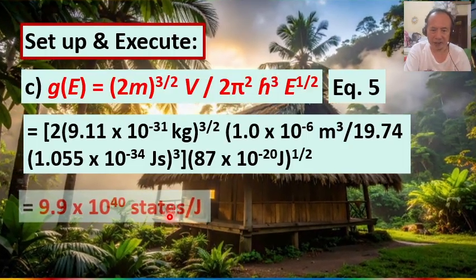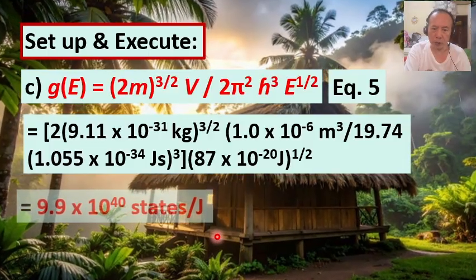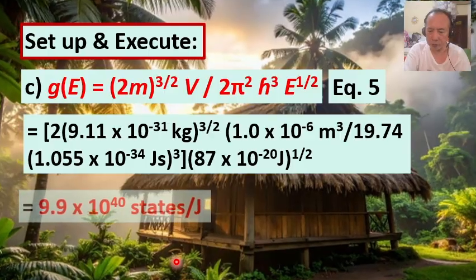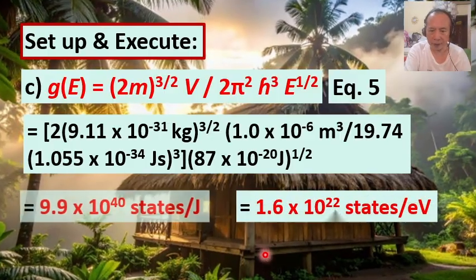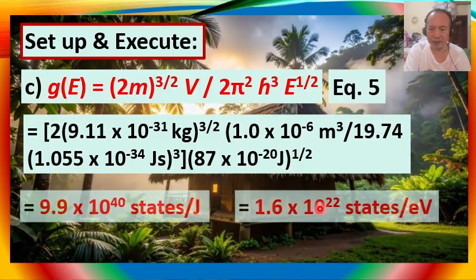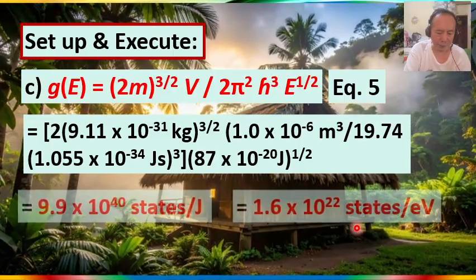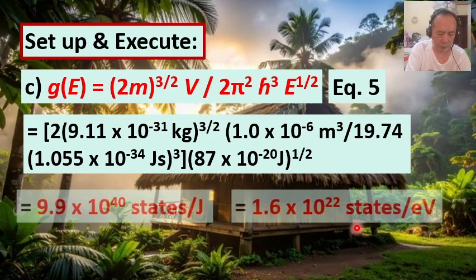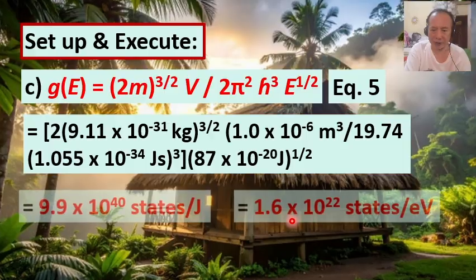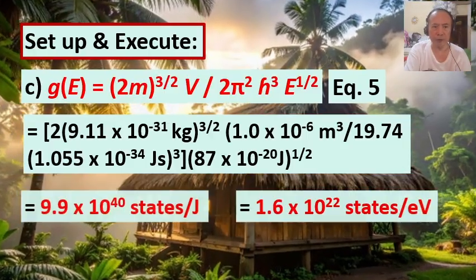That is states per joule, which when converted to states per electron volt, we get the value 1.6 times 10 raised to the 22nd power states per electron volt. Both answers expressed in two significant figures.